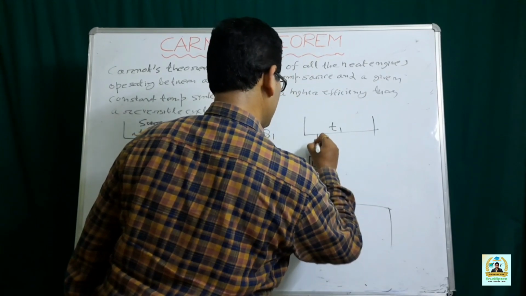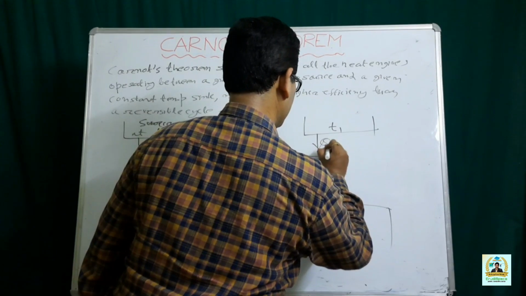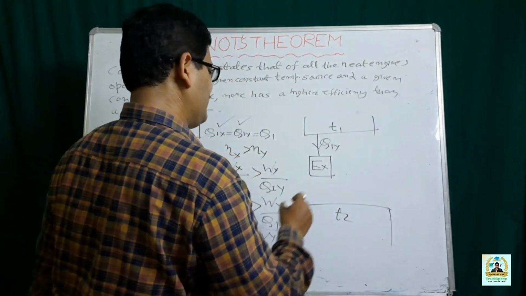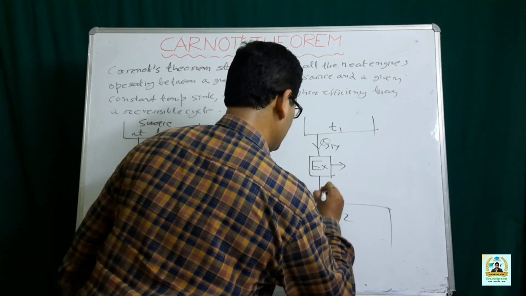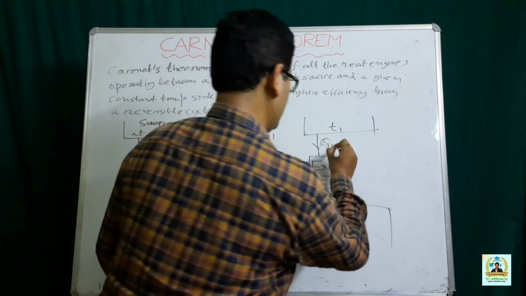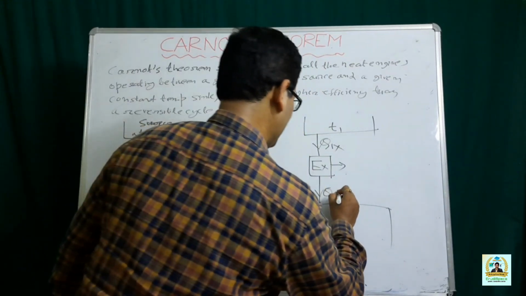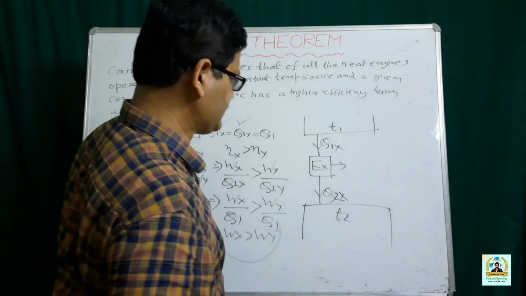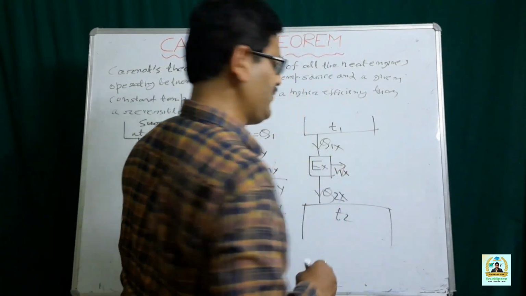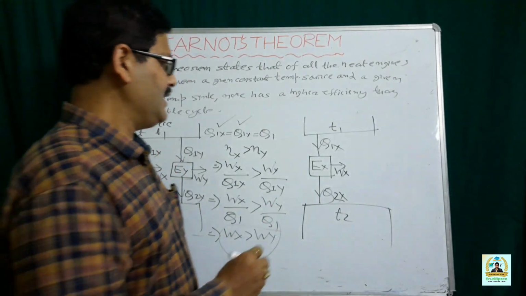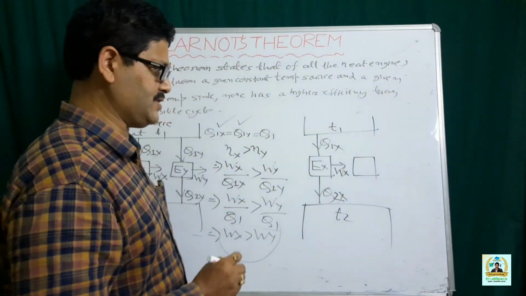So here it will extract Q1x amount of heat, will deliver Q2x amount of heat to the sink and will produce Wx amount of work. As far as the second one is concerned, here it is reversed.